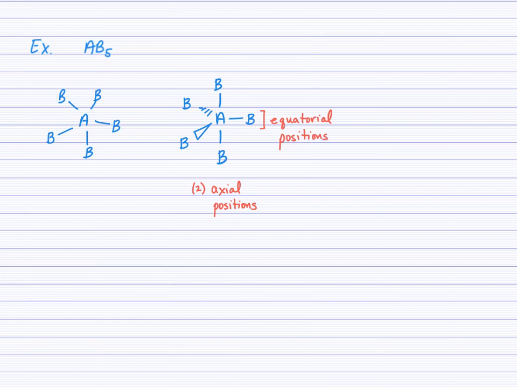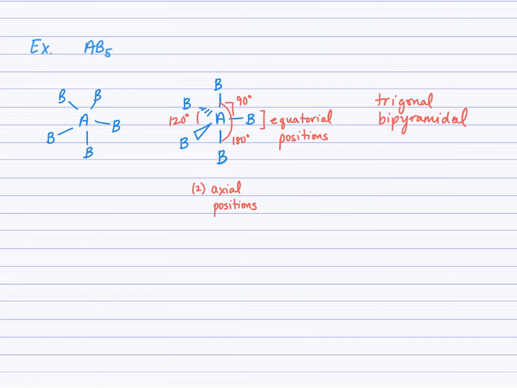So you'll see bond angles here of 120 degrees, a bond angle here of 90 degrees, and going from here all the way to here, that's 180 degrees. So this shape is referred to as trigonal bipyramidal. And hopefully you can see the idea that there are 2 pyramids, so bipyramidal, right?